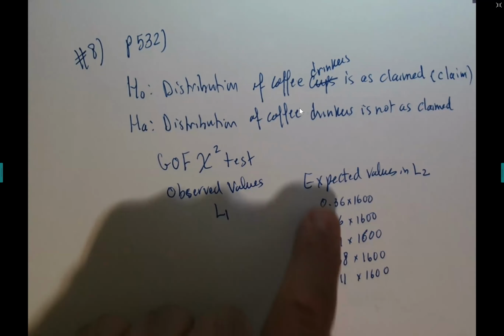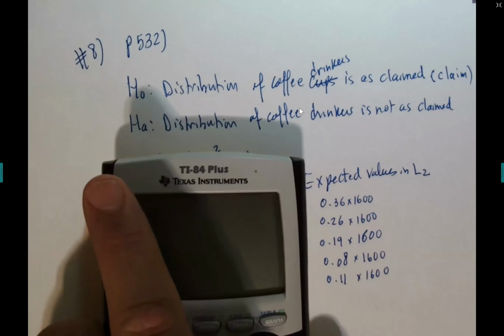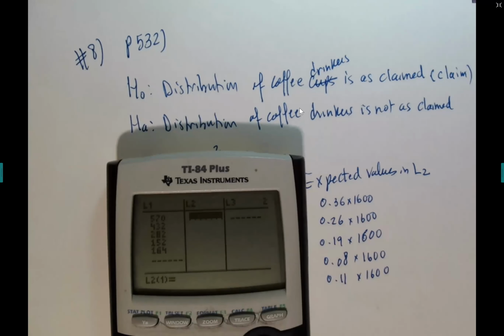You can do the math here, or you can do it on the calculator. So let me show you. I can do the whole thing on the calculator. So for L2, you just put 0.36 times 1600, and it will do the math for you. Oh, they're very close. 0.26 times 1600.